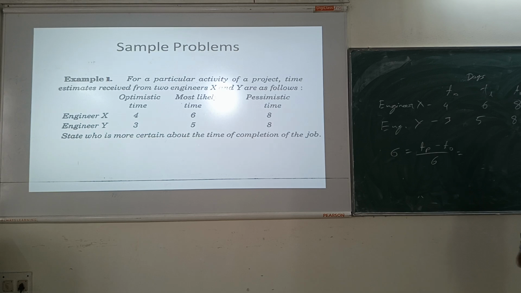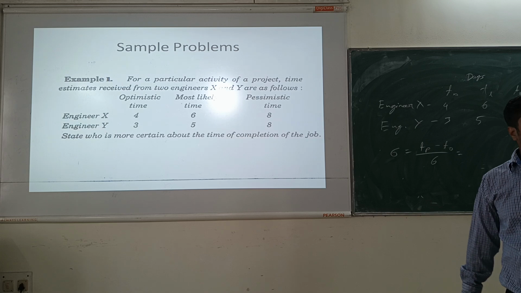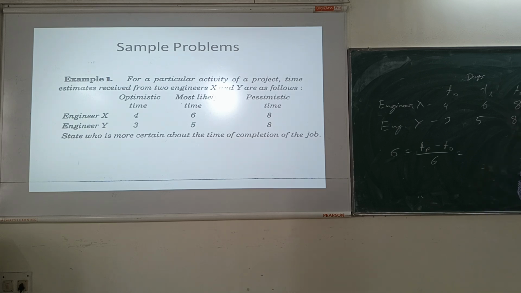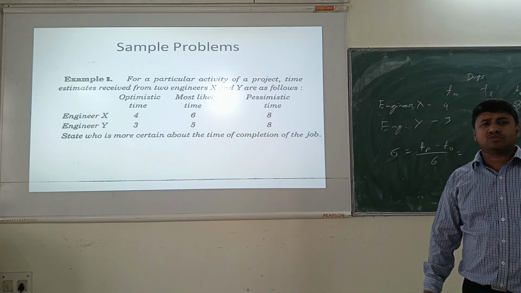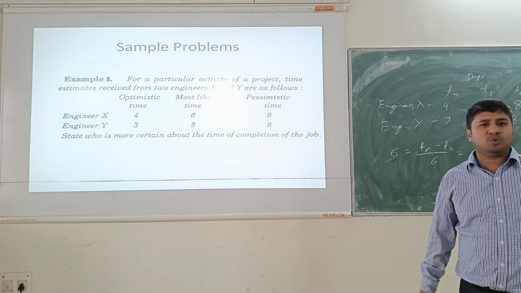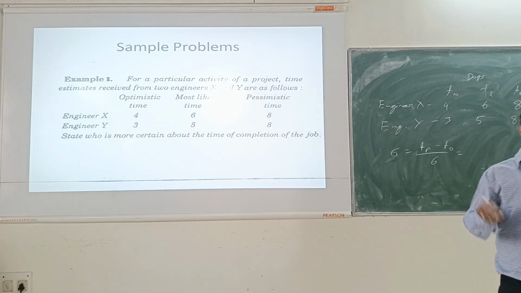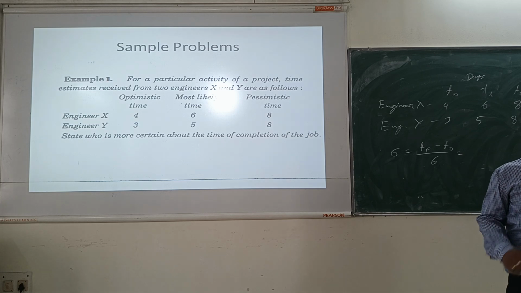Calculate it for both engineers, then do the variance. See what value is coming. All of you have to bring a calculator to class, then only can you practice for your exams. A mobile is not suitable because in the exam you are not using a mobile. So how will you get habituated if you are not bringing it to the class?